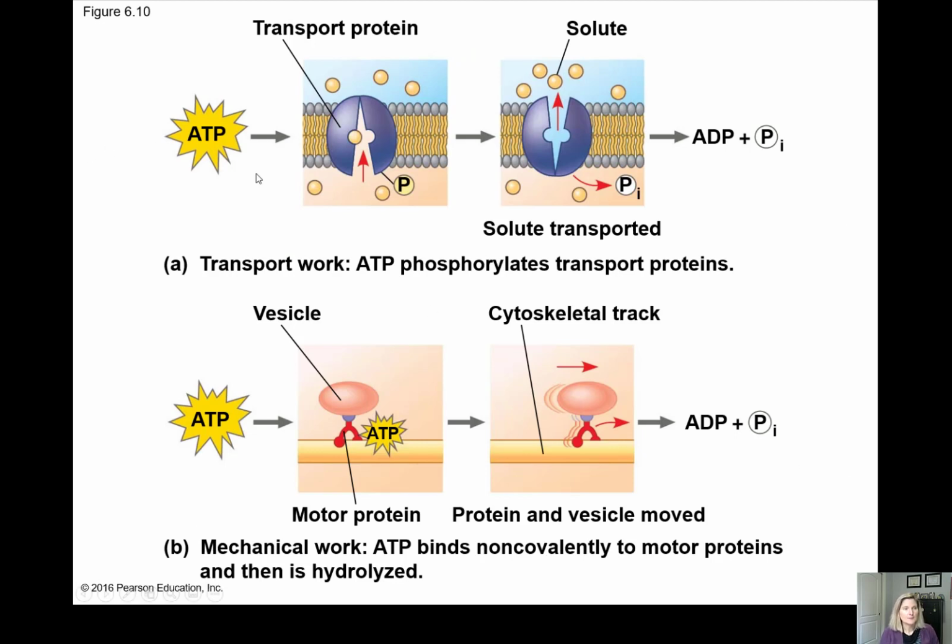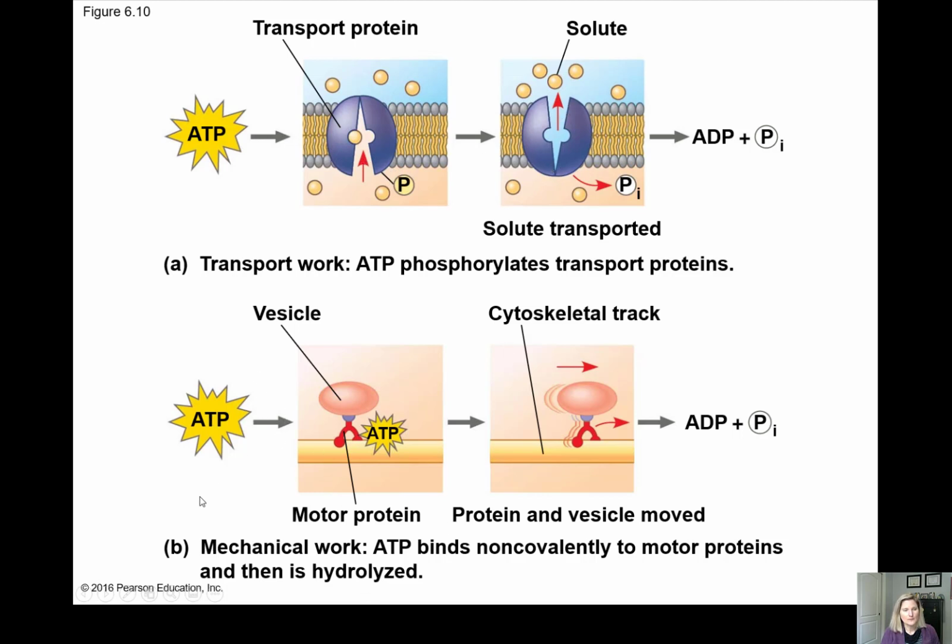Here's an example with ATP being added to that transport work. You can see here's our transport protein. Through that process, ATP is broken down and releases that phosphate group, which will attach to the protein. That's going to cause that reaction, that change of state.